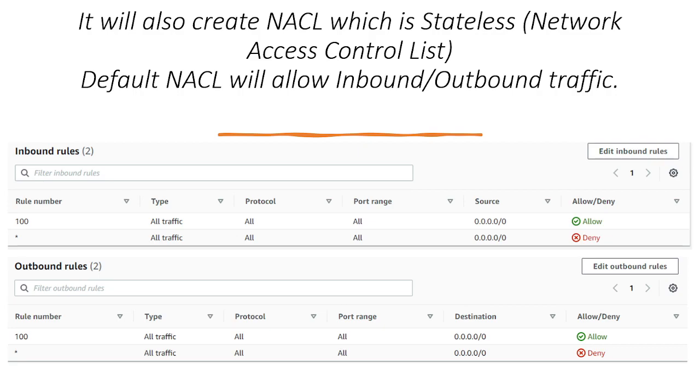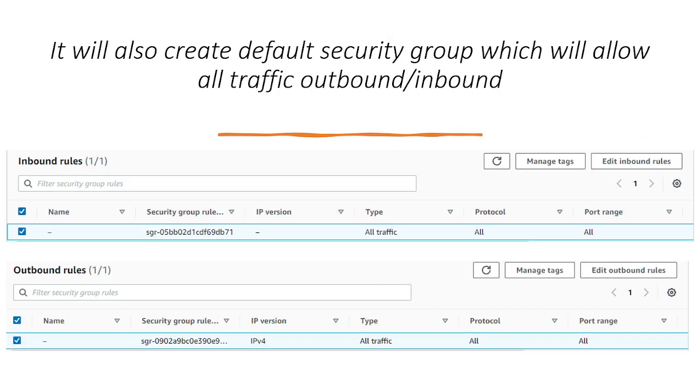Default NACL will allow inbound, outbound traffic. So this is how the inbound and outbound rules look like for the default NACL, and it's going to allow the traffic over. It will also create a default security group, which will allow all traffic inbound, outbound. So this is my default security group.